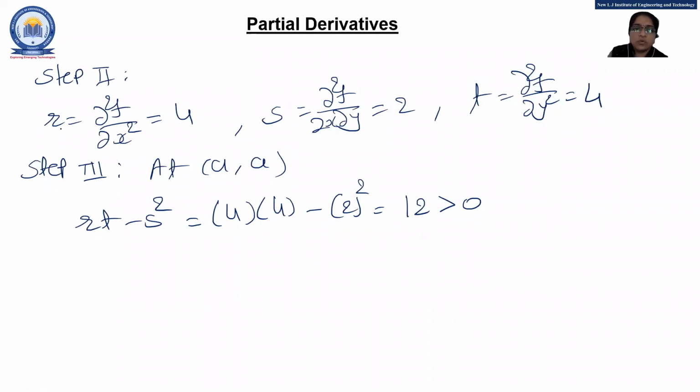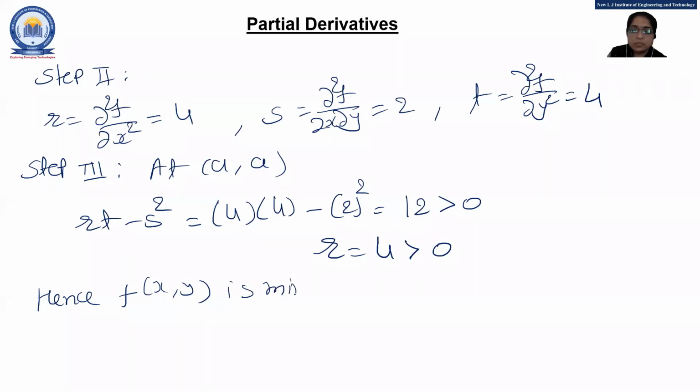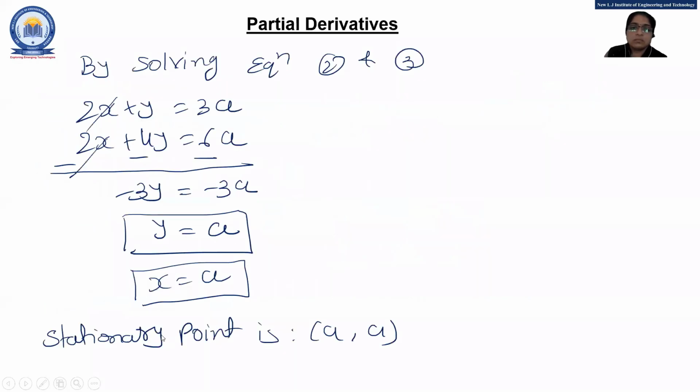For that, we have to check the value of r, and here r is 4, which is again greater than 0. Hence, as r is greater than 0, f is minimum at (a, a), and the minimum value, what is our f?